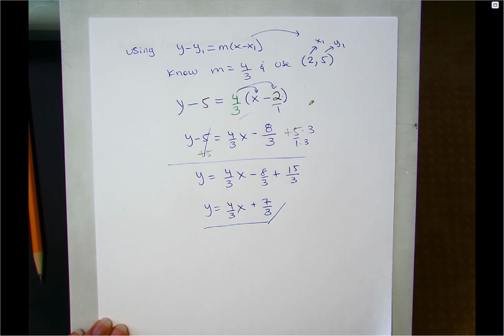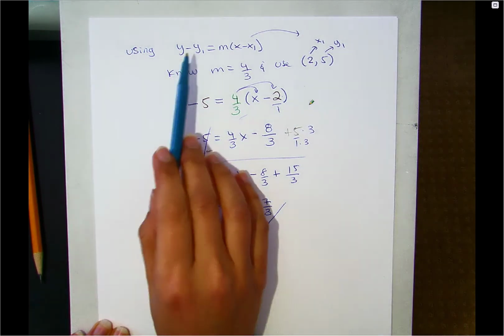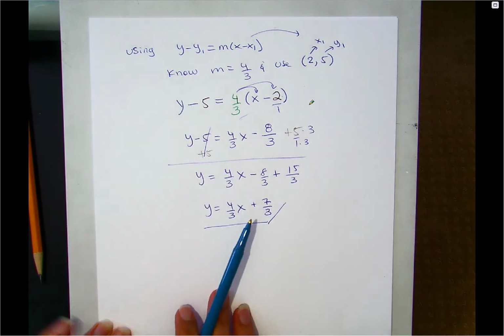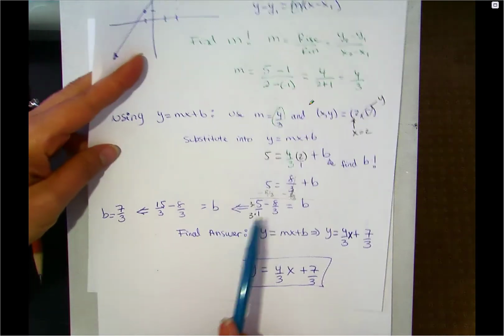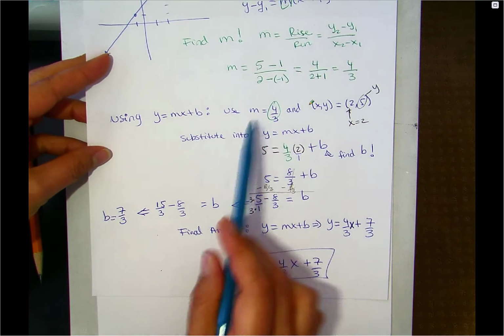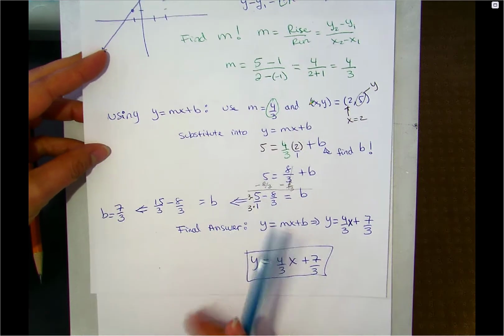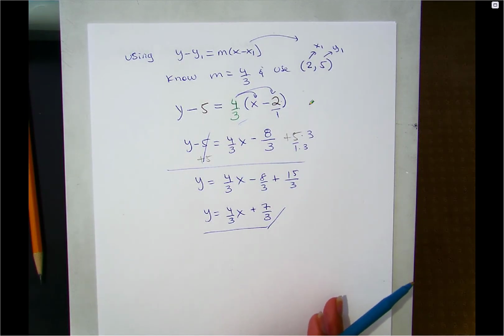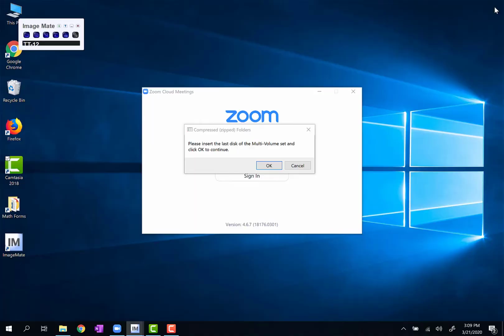Try it on the homework and see which one comes more naturally to you. I prefer the point slope form, but that's because sometimes I forget to go back and solve for b. So sometimes I just find the slope, and this one sometimes gets confusing for me, but again, that's personal preference. It's going to be up to you to see what you like to do.